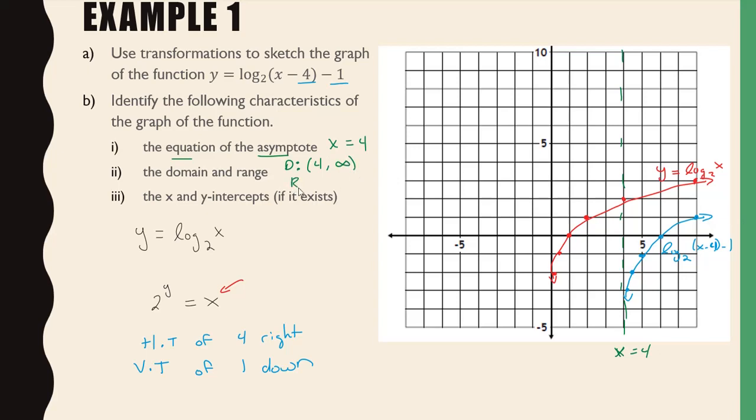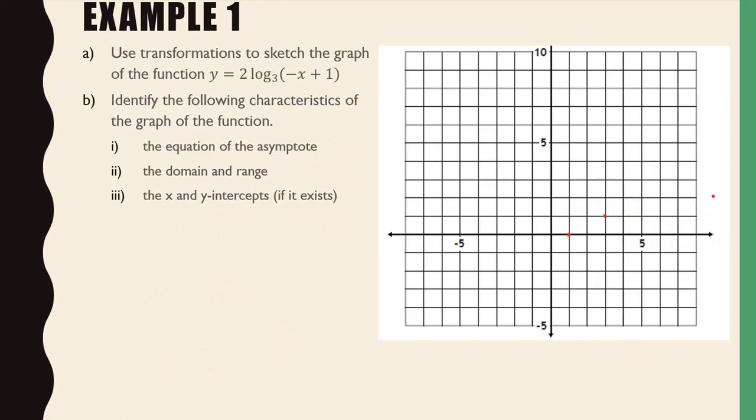For our range, we go from negative infinity, so it keeps on going forever, all the way to positive infinity. Now, we don't have a y-intercept, so there's none of that, but we do have an x-intercept. And so our x-intercept occurs at x equals 6.